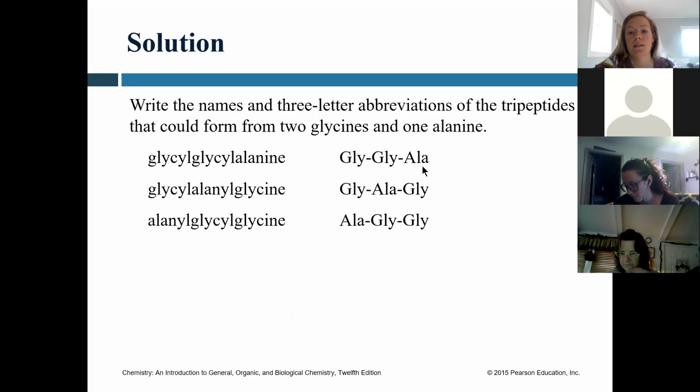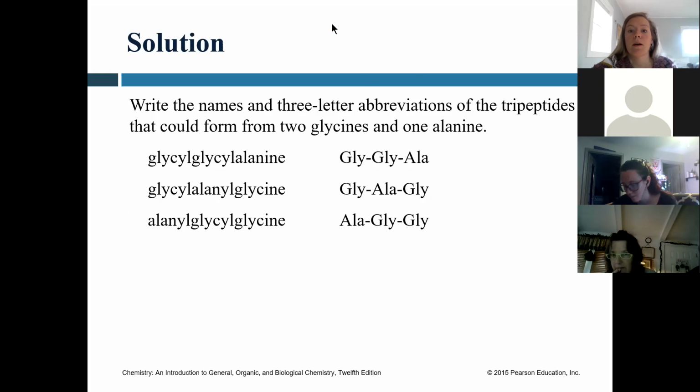Either the two glycines clump together at the beginning, clump together at the end, or the glycines split. So those are all the different combinations. And these are different from each other, even though the glycines are grouped together. Here, the glycine will have its N group exposed. Here, the glycine will have its C-terminal exposed.